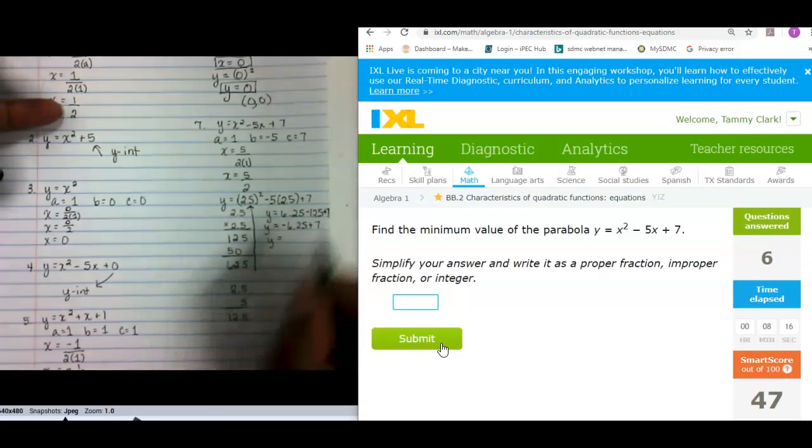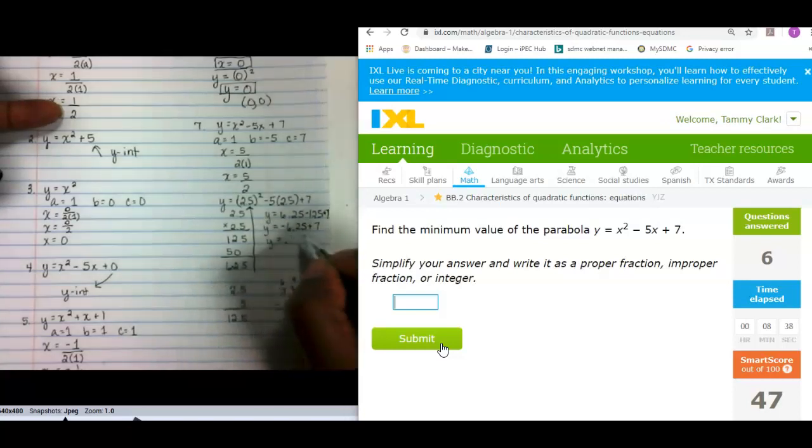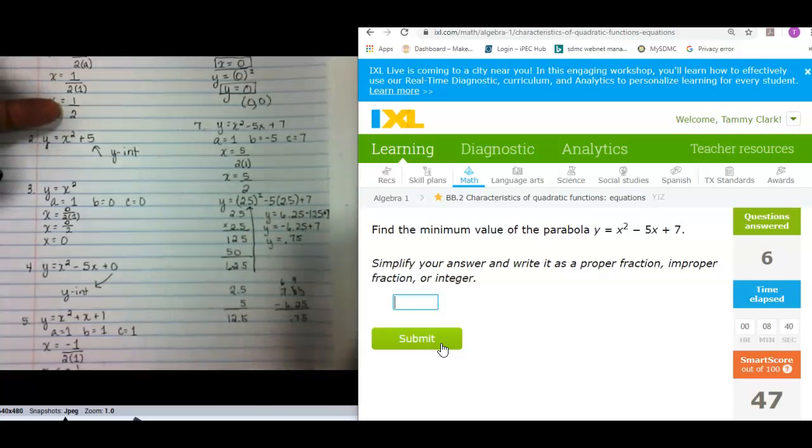And if we do 7.00 minus 6.25, and we've got to borrow from the ones place here, make that a 6, come over here to the tens place, make that a 10, but we got to borrow from that, make it a 9, and that makes this a 10, so 10 minus 5 is 5, 9 minus 2 is 7, so our answer would be 0.75, and these can be written as proper fractions, improper fractions, or integers.